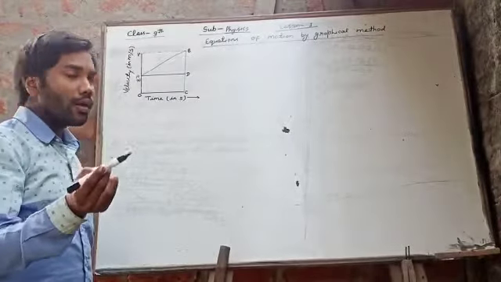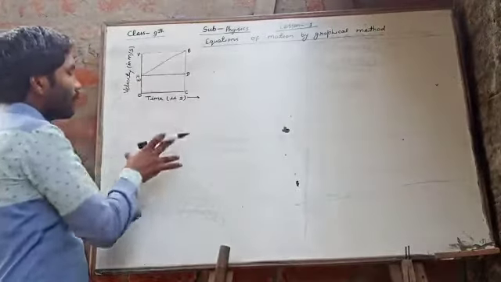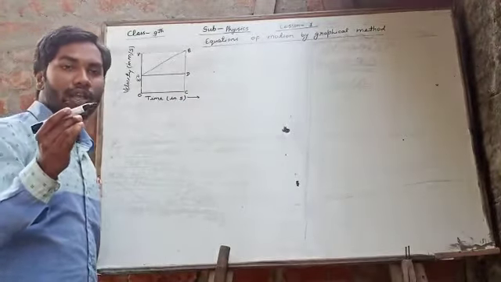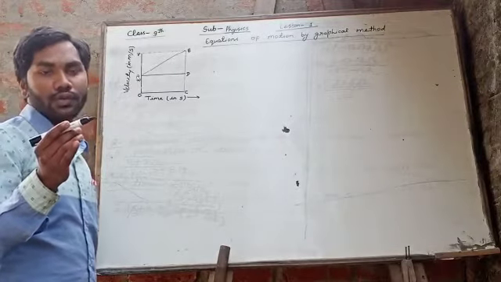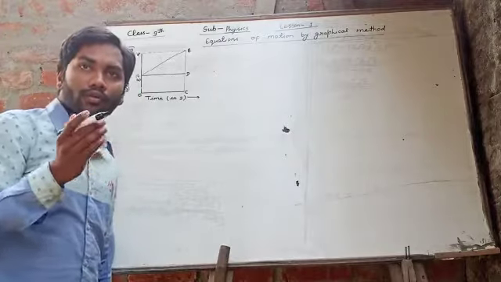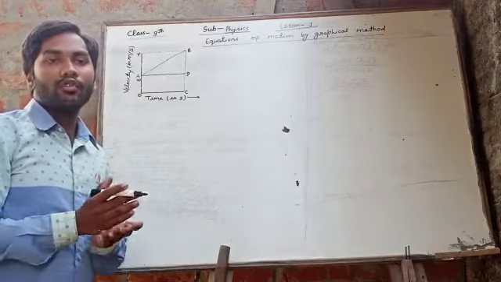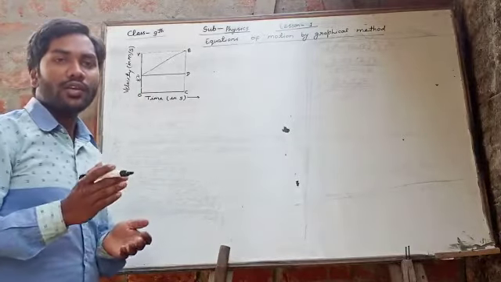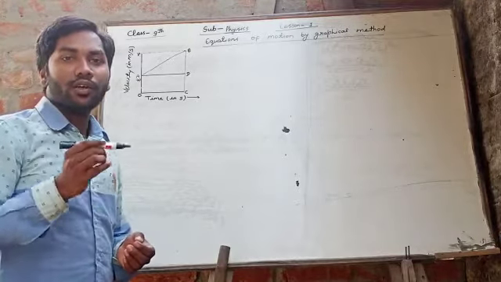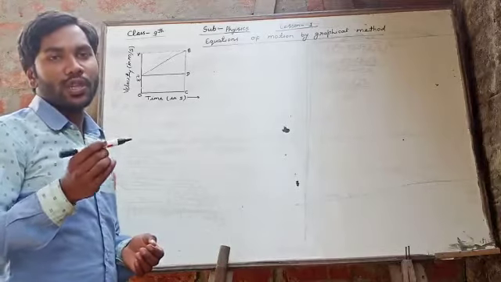This velocity-time graph represents uniform acceleration. So in this case we are going to derive the equations of motion. Today we will derive the first equation of motion, which is V = U + AT.